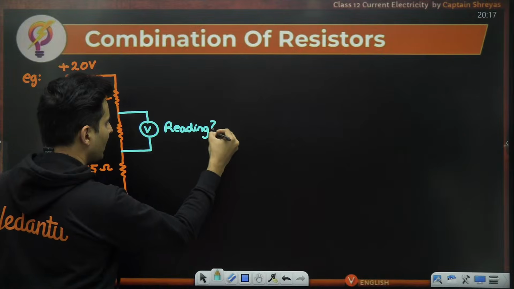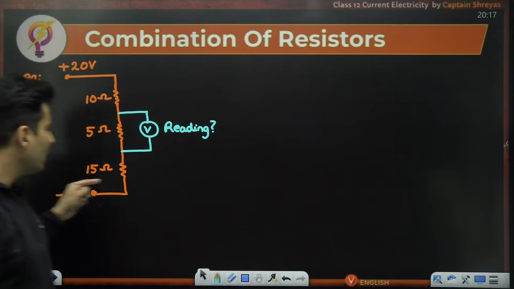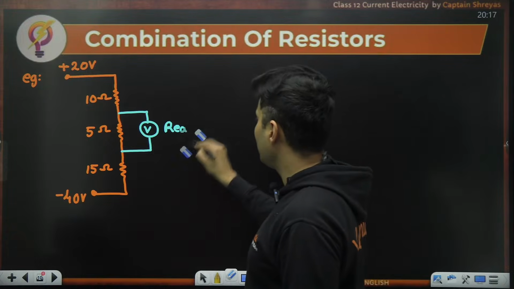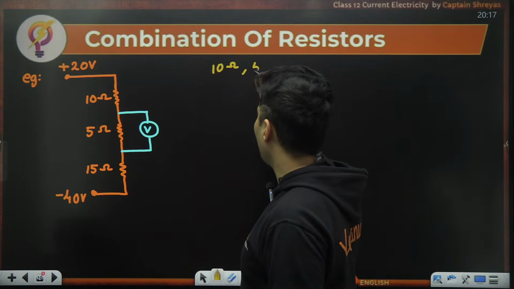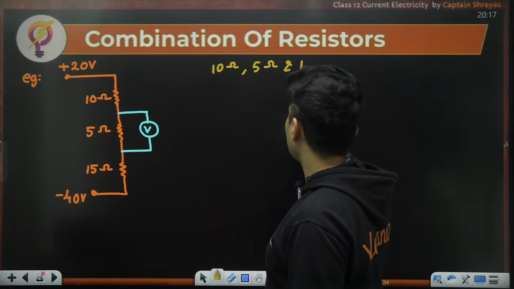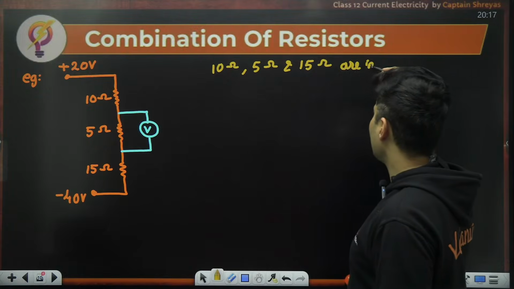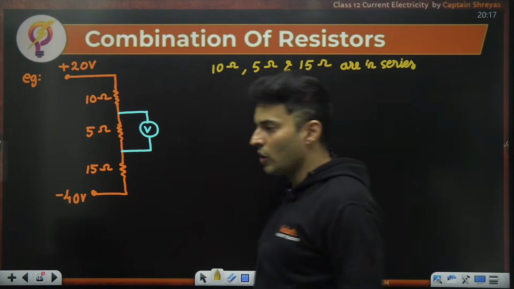This is how the question can be framed. First of all, do you see all these three resistors are in series? Can you easily notice that the 10 ohm, 5 ohm and 15 ohm are all in series combination?